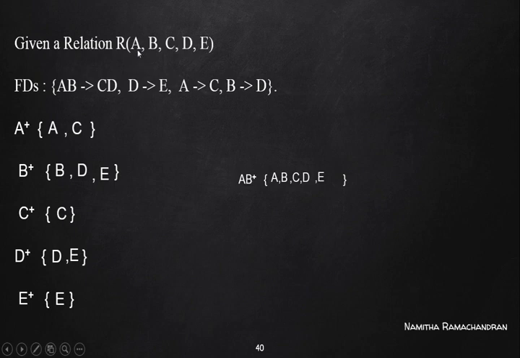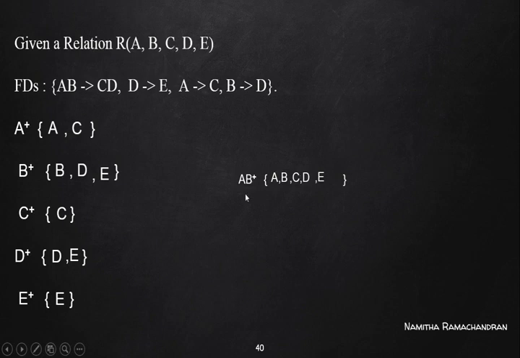These attributes: A, B, C, D, E. So this closure set of AB contains all the attributes. What's the meaning? If we are given A and B attribute values, we can derive the values of all other attributes of the given relation. That is the meaning of this closure set.